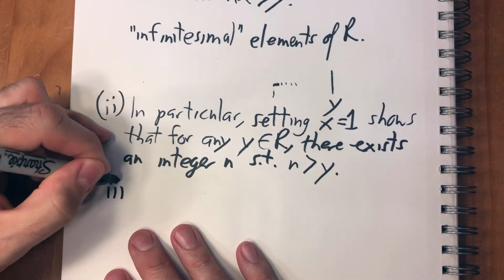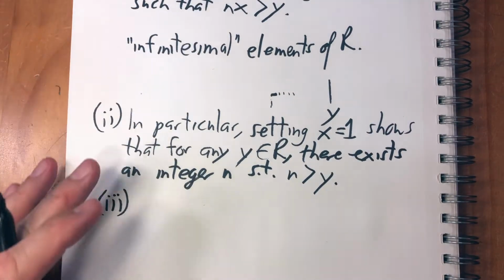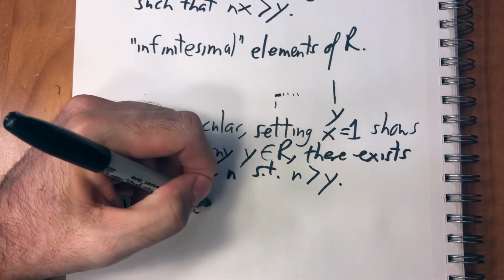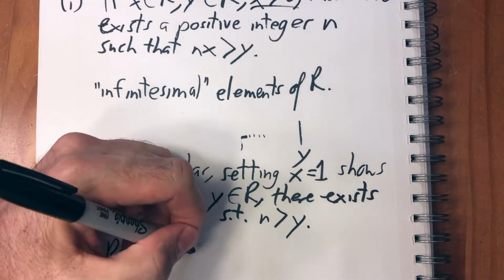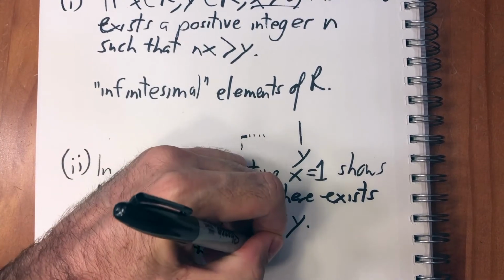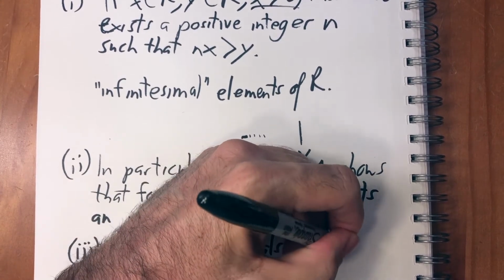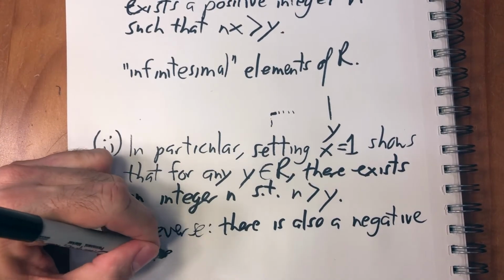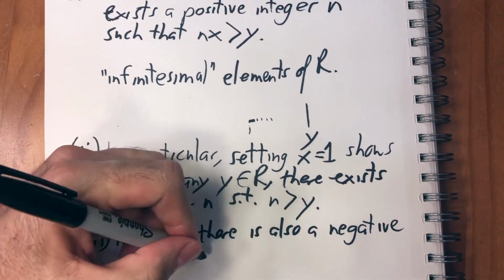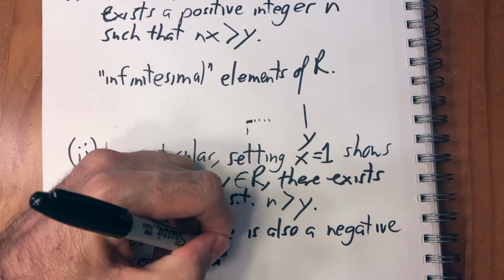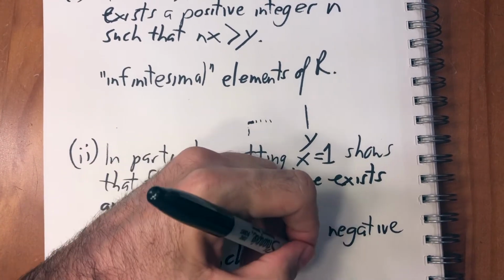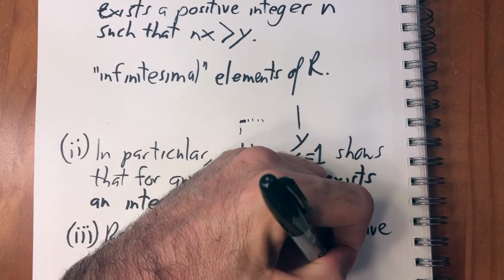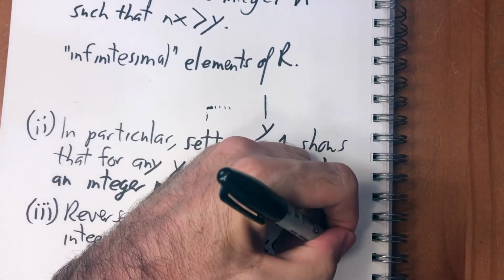3 is what I'm calling the reverse of the Archimedean property, which is that there's also a negative integer n such that nx is less than y, again with x greater than 0.